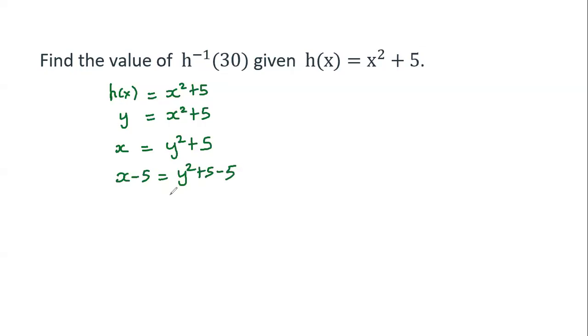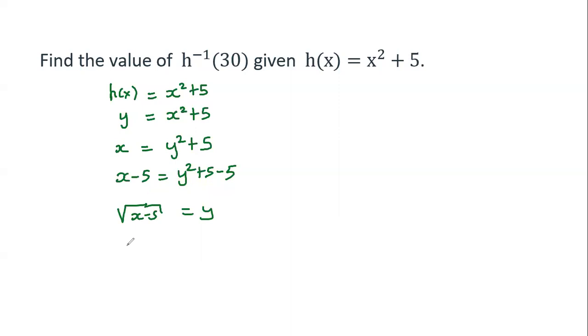Then the square root of x minus 5 is equal to y. So that will be the inverse of the function.